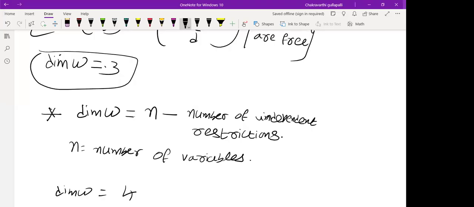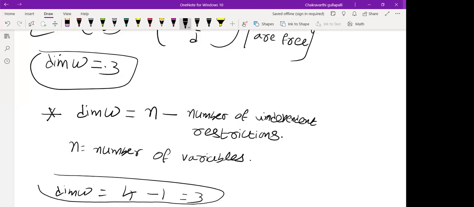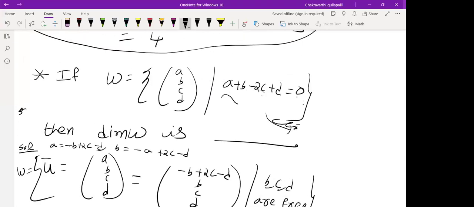How many conditions are given? Only 1 condition. So 4 minus 1 is 3. This is very, very helpful. Instead of doing all this, you can directly get the dimension.